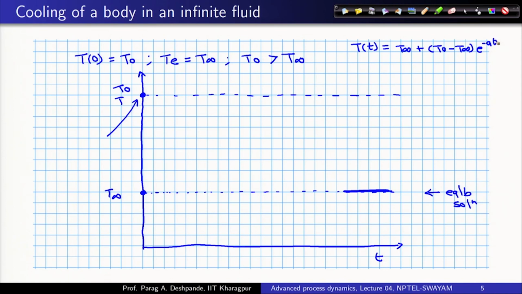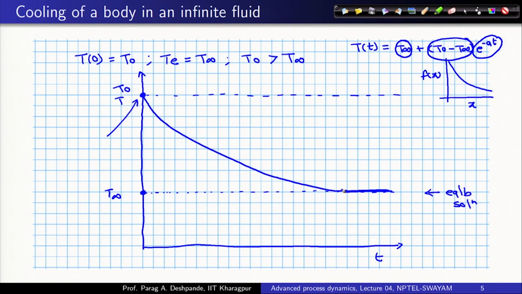So, what do I do? I start with T 0, and because of this exponential decay, the typical behavior of an exponential decay, f of x versus x is this, right, and then this would be augmented with T infinity and T 0 minus T infinity. So, the way the phase line would look like is this.